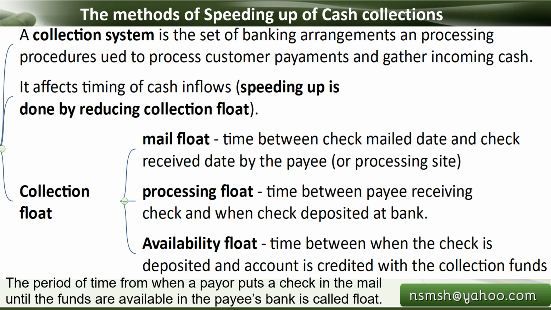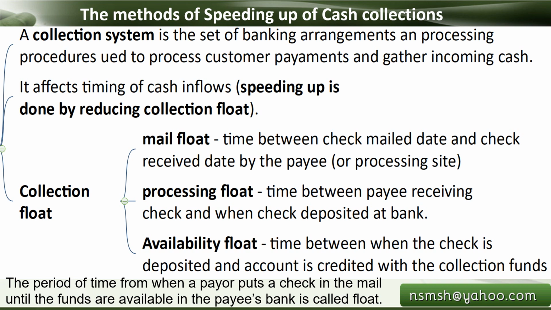And then there is processing float. That means the time between the payee receiving the check, and it getting processed, whether by the collection bank, an agent or the company itself, and the time it takes to get it deposited in the bank.